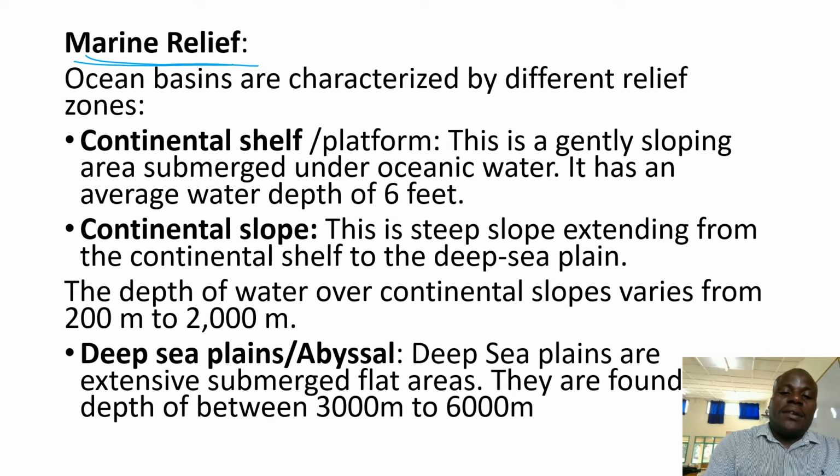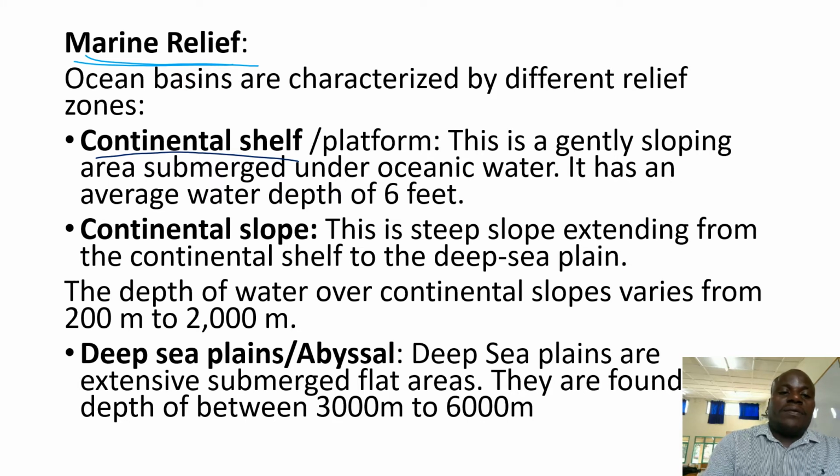Zone number 1, we have the continental shelf or platform. This is a gently sloping area submerged under oceanic water. It is gently sloping. It is not very steep. It is not very flat. It is gentle. We have a diagram which will help us to illustrate and summarize these zones.